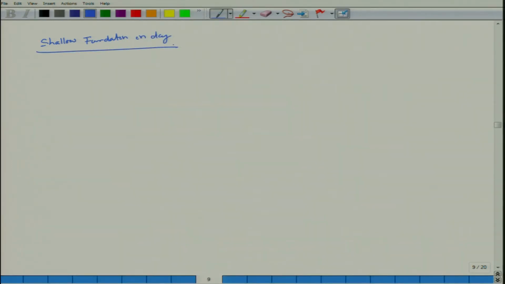Earlier I have finished shallow foundation in sand, now shallow foundation in clay. If you look at this formula, QU is equal to ultimate bearing capacity: CNC plus gamma DF NQ plus 0.5 gamma B N gamma.